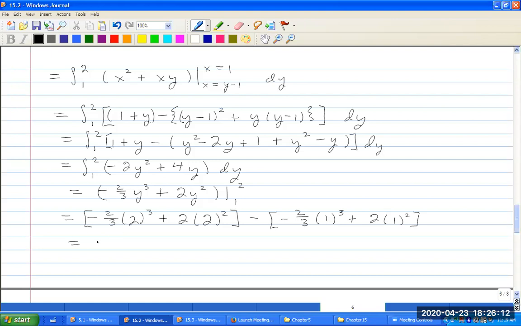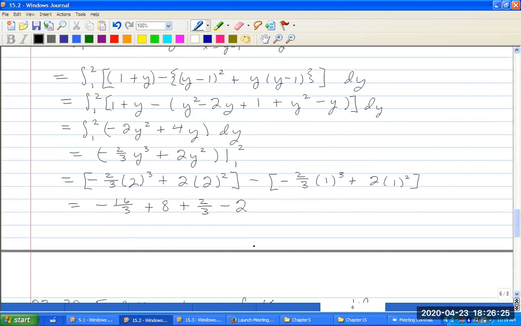So this is negative 16/3 plus 8 plus 2/3 minus 2. So this is going to equal 6 minus 14/3.